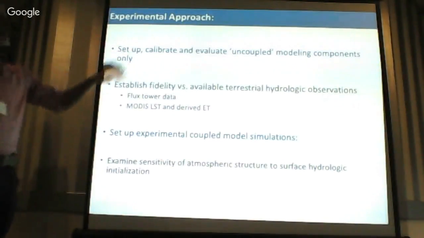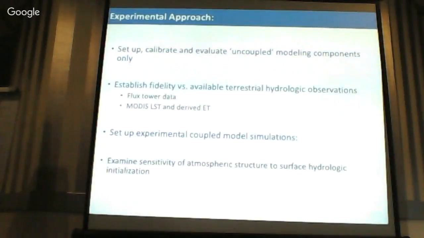So we did spend quite a bit of time using a number of different research data sets that have been collected in Northwest Mexico over basically the last 12 years now to calibrate and evaluate this uncoupled implementation, really asking ourselves, are we faithfully reproducing the hydrologic and ecohydrologic processes in those areas?